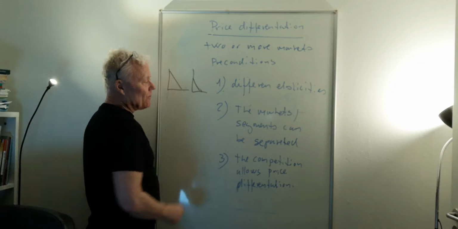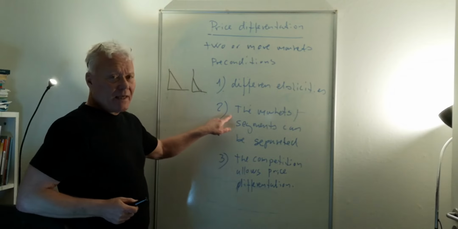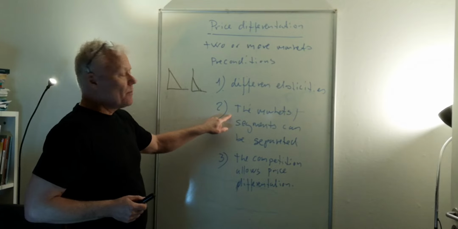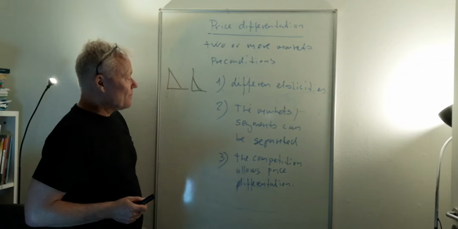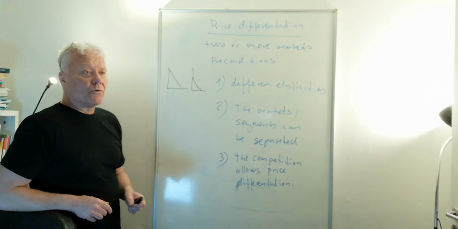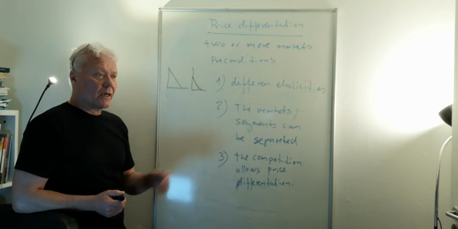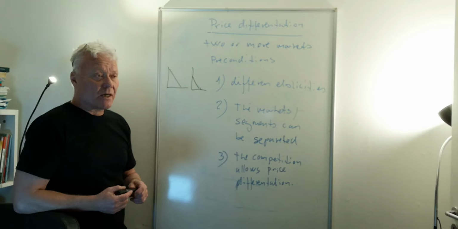You need to be able to differentiate the markets or the segments. So you, for instance, have the export market and you have the home market, and you would be able to take different prices.